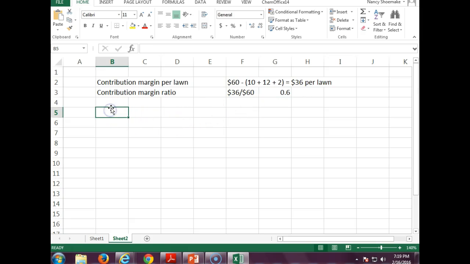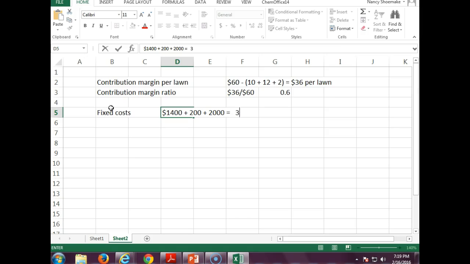What are our fixed costs? $1,400 plus 200 equals what? 3,600.